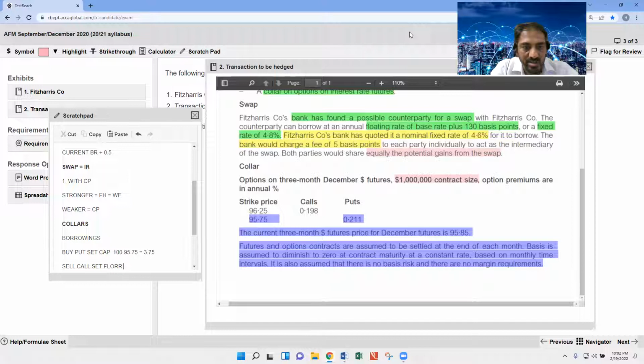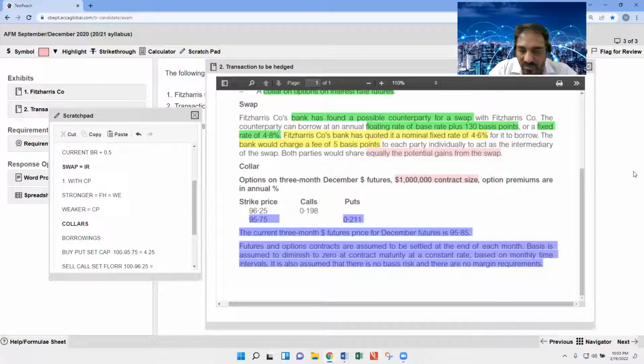Floor is always the lower side. 100 minus 96.25. Yes, what is the value? Okay. First one is 100 minus 95.75, 4.25.